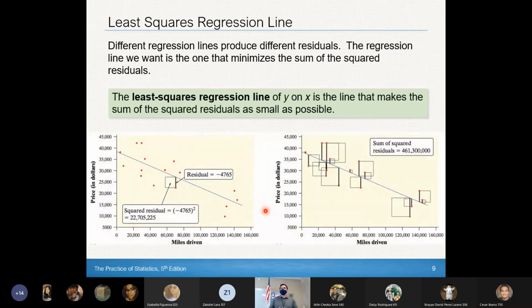The least squares regression line of y on x is the line that makes the sum of the squared residuals as small as possible. Essentially, it's the best line of best fit because it has the smallest residuals. And this is kind of a picture of squares. We want these squares to be as small as possible.